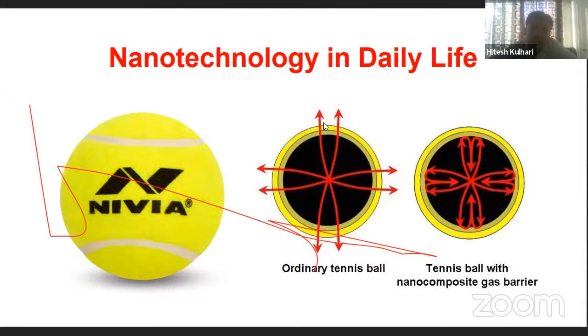When we play with an ordinary tennis ball, the air inside comes out as we play. But the newly designed tennis balls contain a nanocomposite gas barrier, so the gaseous molecules will not come out, and the life of that ball will be longer than an ordinary ball.